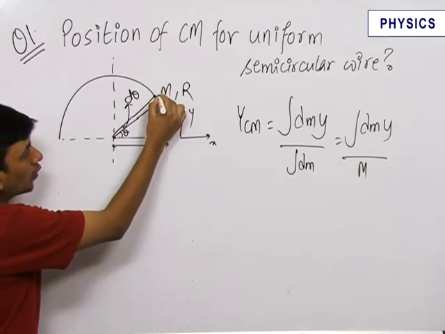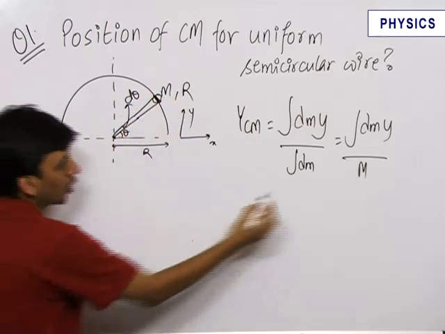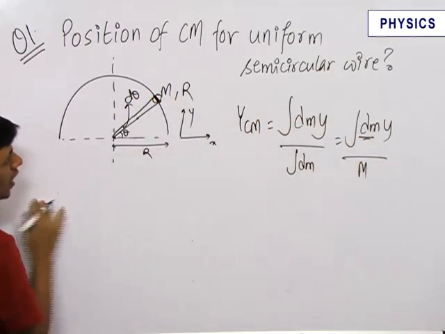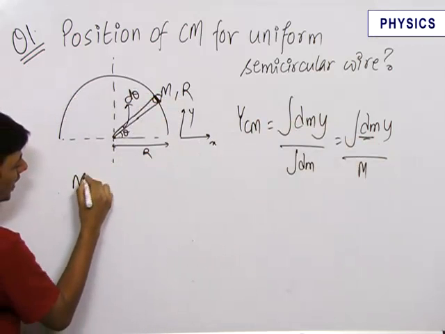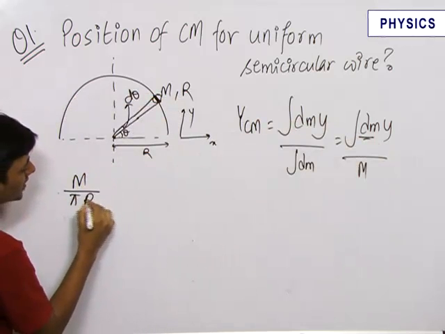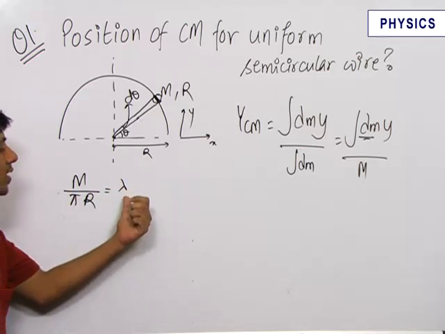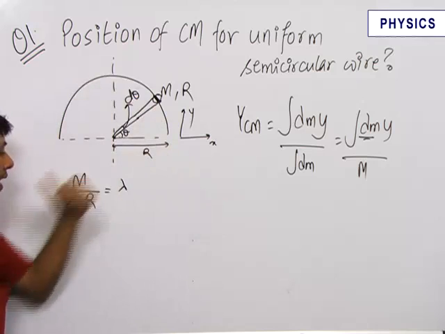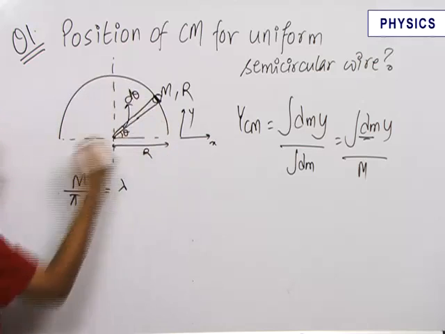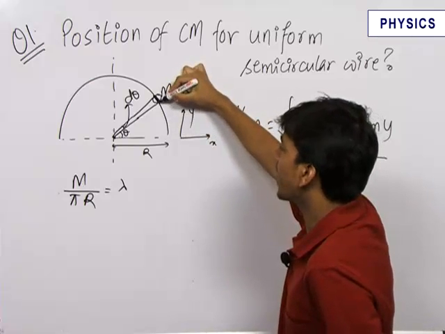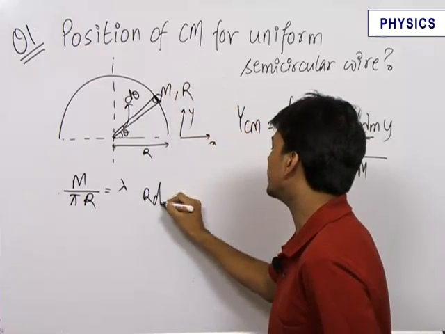Now we also want to find the mass of this element, because we have to write dm. So for that, we can write the mass per unit length of the semicircular wire as lambda. So lambda is equal to mass upon pi r. We know the arc length of this element is equal to r d theta.